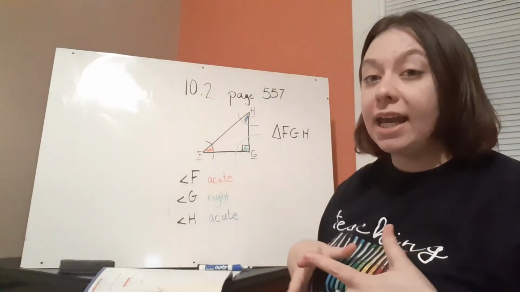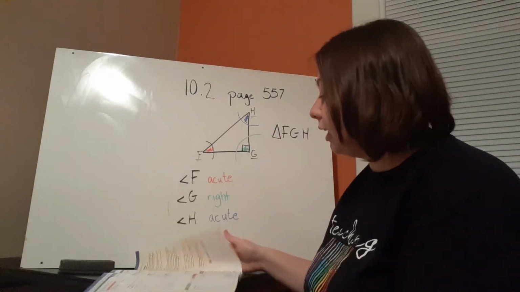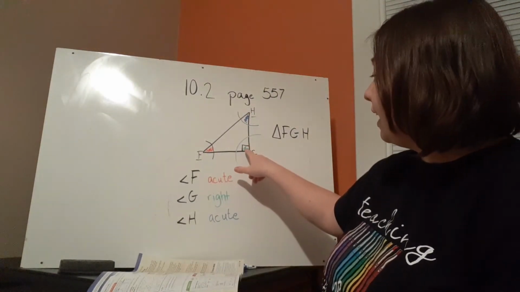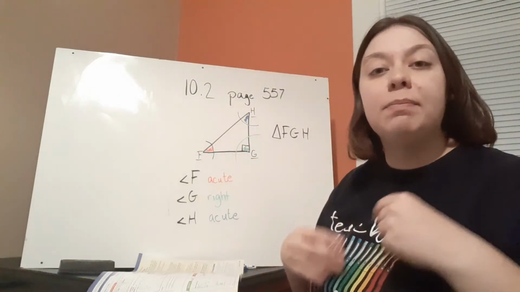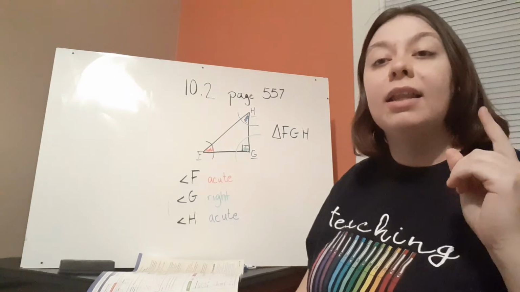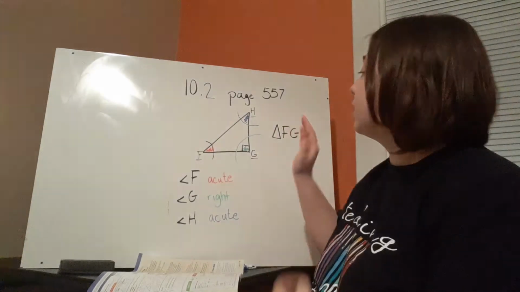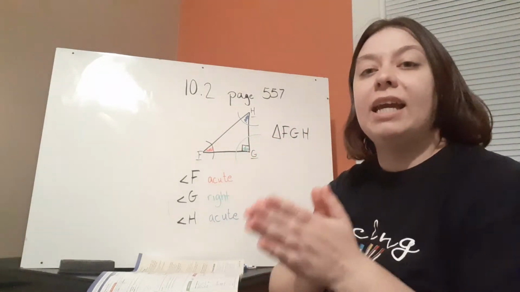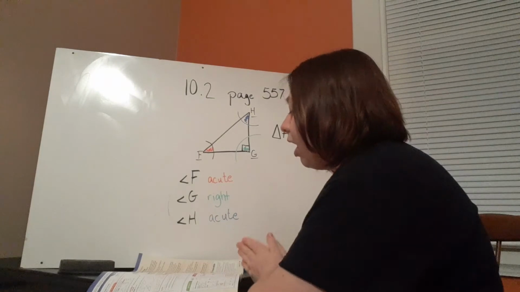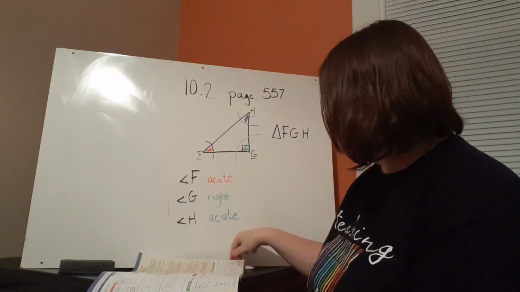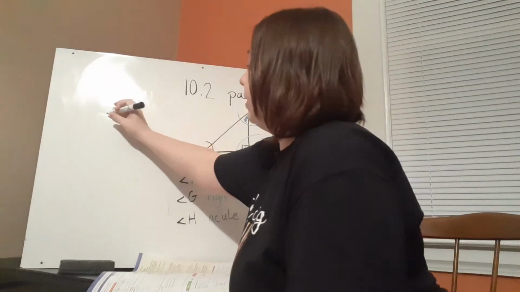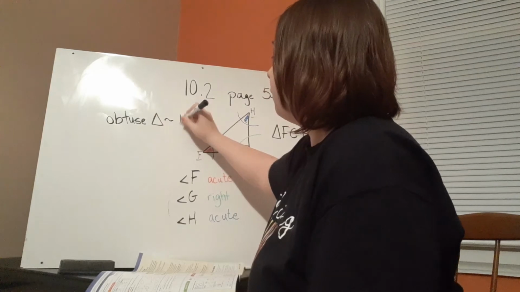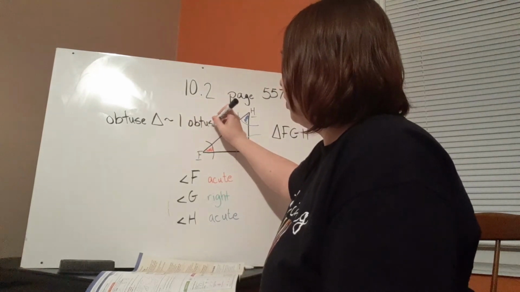Now, today, when you guys are going through and looking at these different triangles, help yourself. If you see this square corner piece, it should be that clue. It should be all you need to know that you are looking at a right angle, which is going to equal for you a right triangle. Then you just have to see, are there any obtuse angles? Since an obtuse triangle, remember we said obtuse triangles have one obtuse angle.